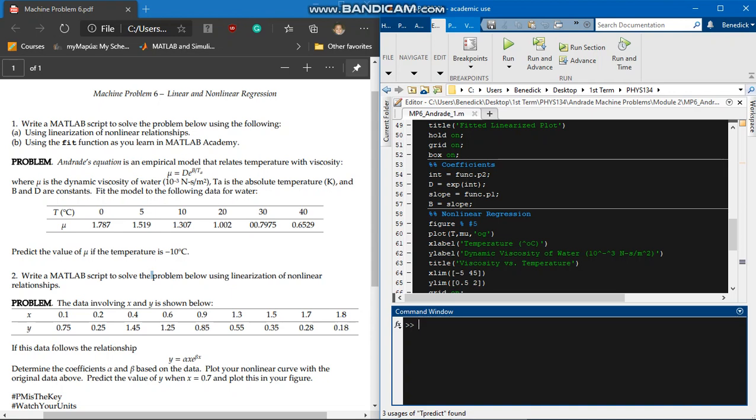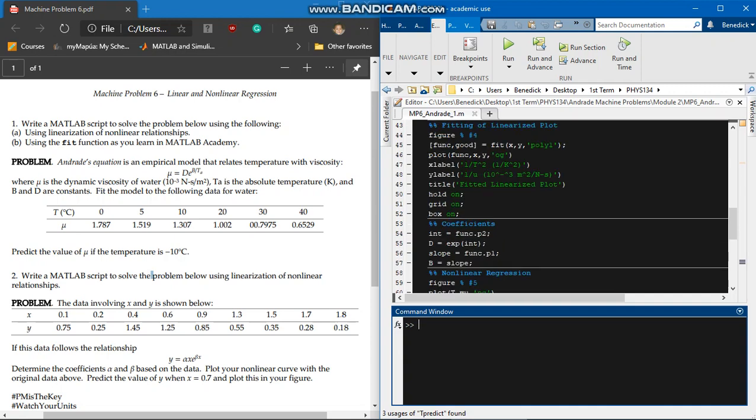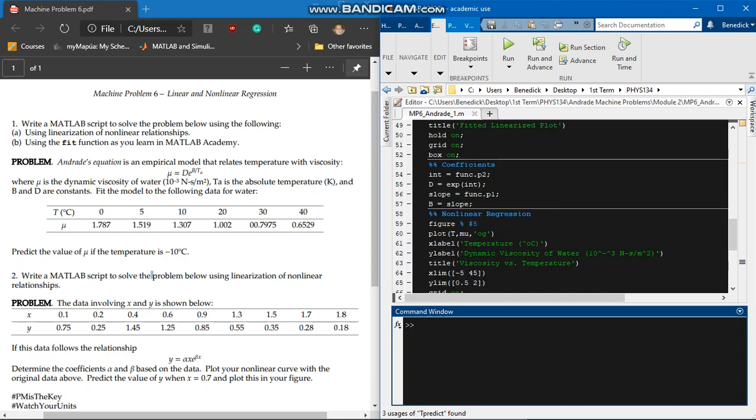So the intercept is from the fit function. D is the exponent of the intercept, and of course B is equal to the slope.